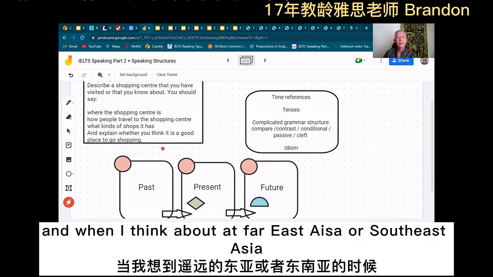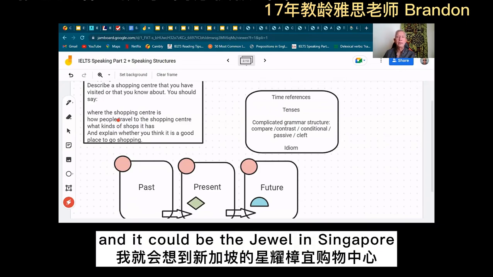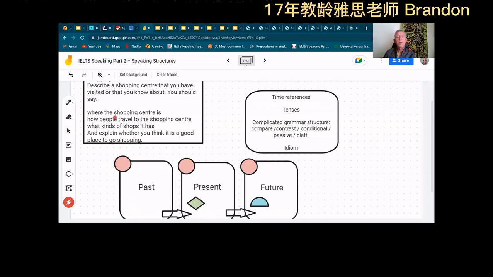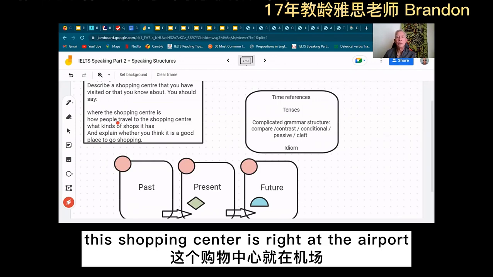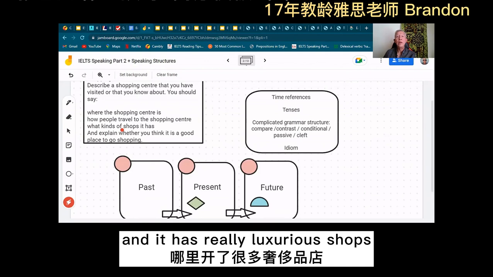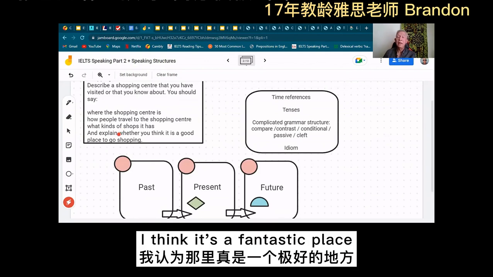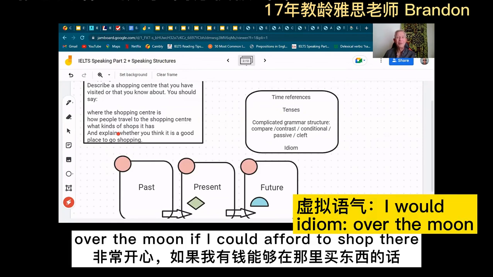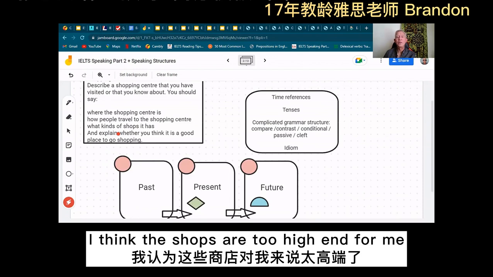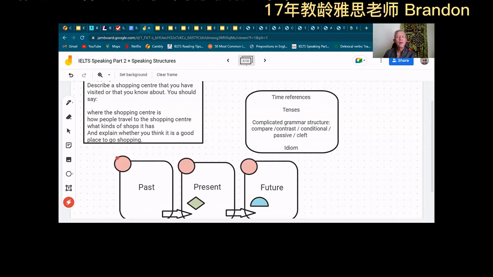When I think about Southeast Asia, it would be the Jewel in Singapore. This shopping center is right at the airport, and it has really luxurious shops. I think it's a fantastic place. I would be over the moon if I could afford to shop there. I think the shops are too high end for me.